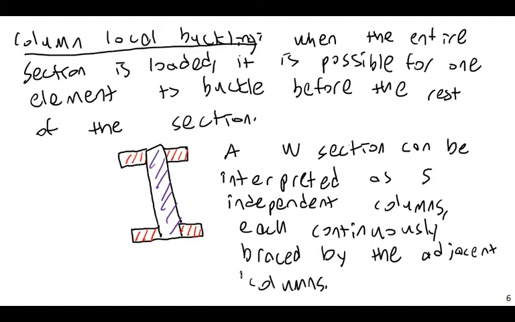When I put a wide flange shape under compression, yes, it obviously works together as one uniform shape, and you'll have one global moment of inertia that usually predicts when the whole thing will fail under global buckling. But you can also think of this as 5 independent tiny columns continuously braced.